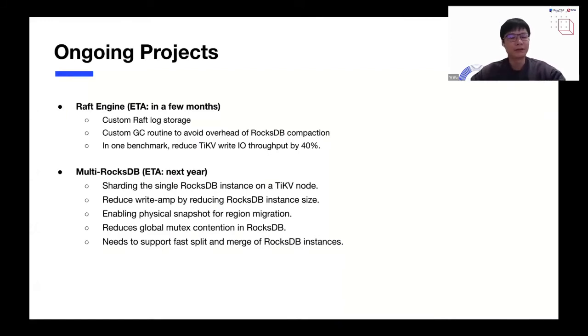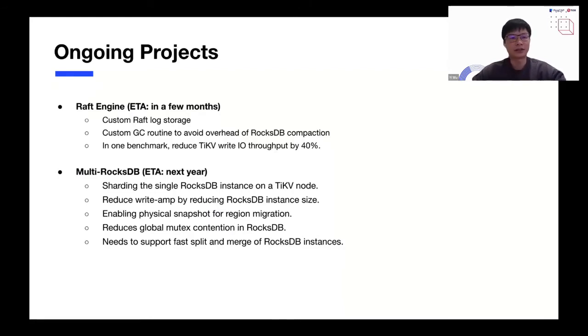For the one that stores the Raft log, we see the background compaction kicks in often, and it consumes a lot of IO throughput. As I have mentioned, EBS usually has a low throughput limit, so we want to reduce the overall IO throughput consumption by TiKV. So we are replacing this RocksDB instance with a custom-built Raft log storage called Raft Engine.